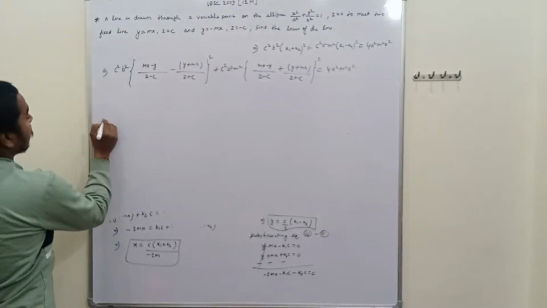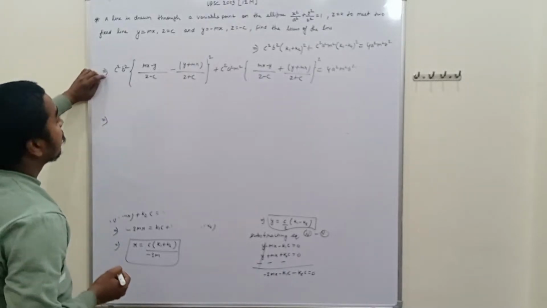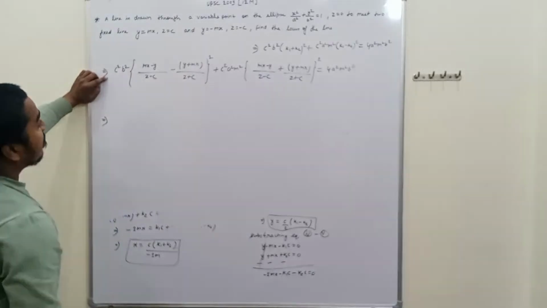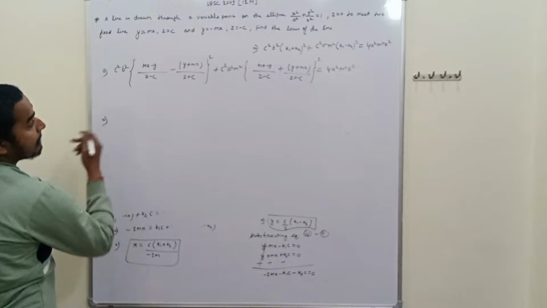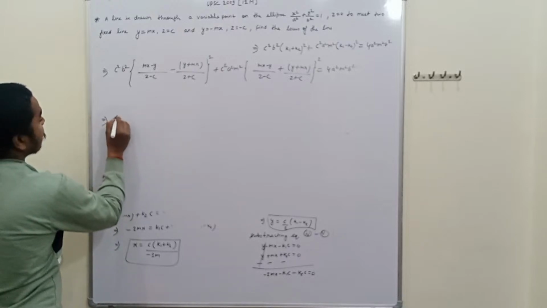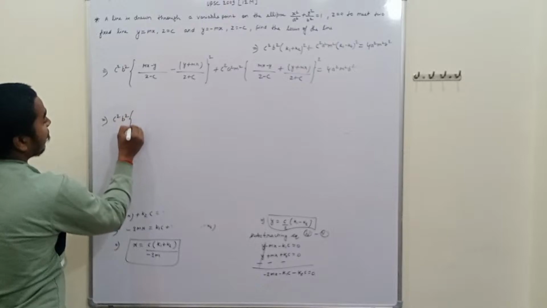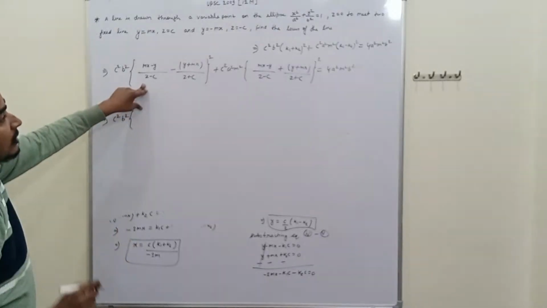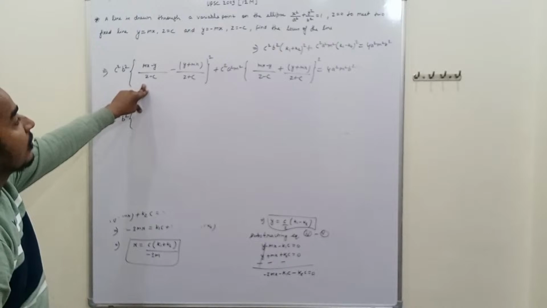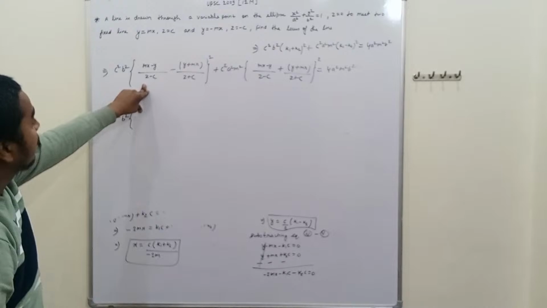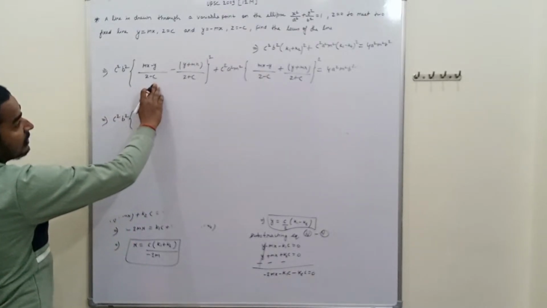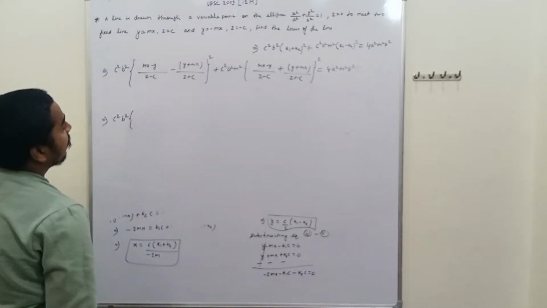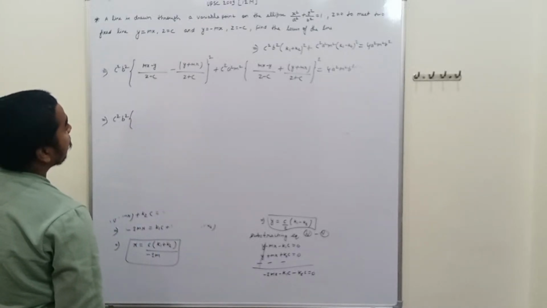Further we have to write, that is, from here we have to take a LCM also, that is c square b square, and from here (k1 plus k2) whole square. On taking LCM, that is z minus c and z plus c. One second.